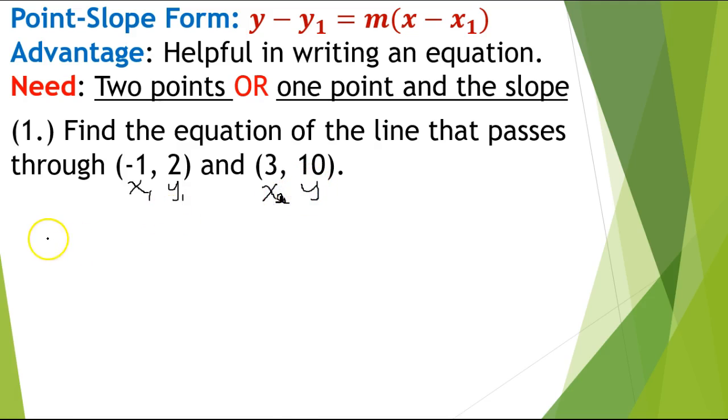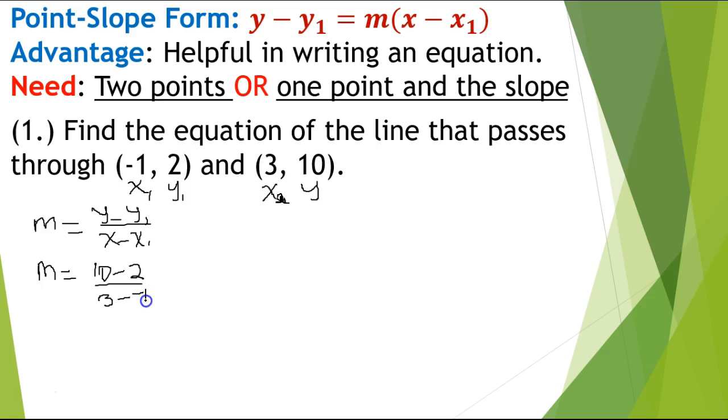Okay. So now the slope is going to be y minus y1 over x minus x1. Our y is 10, our y1 is 2, over our x is 3, minus our x1 is -1.